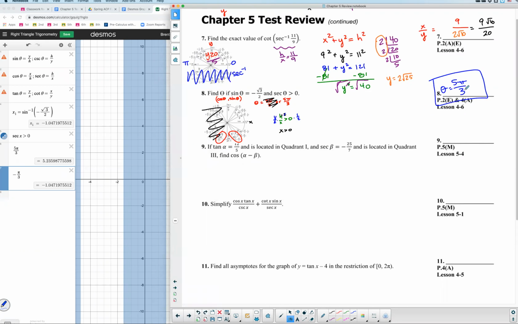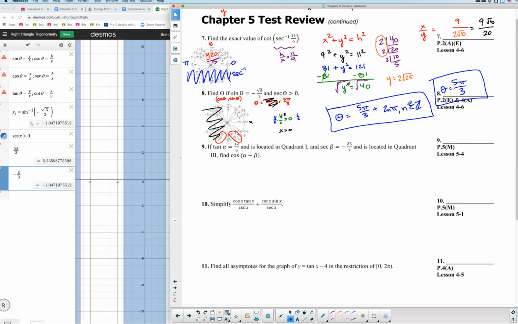But it could be anything coterminal. So technically, it could be 5 pi over 3 plus 2n pi, if you remember when we were doing that, where n is an integer. n is an integer. That just means a whole number that could be positive or negative. So normally whole numbers are only positive. So this would be the full answer right there.